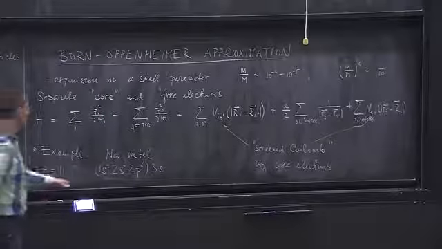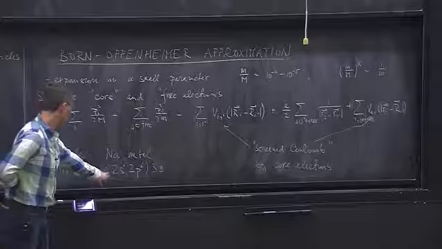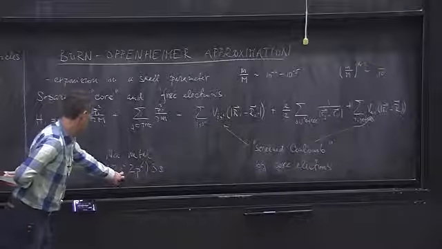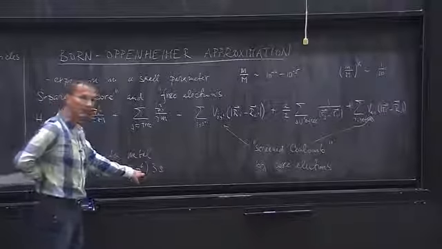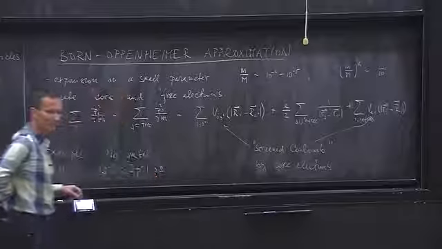So what does this mean? This means that in the lowest orbital there are two s electrons. In the second orbital there are two s electrons and six p electrons. And then in the third orbital there is one s electron.